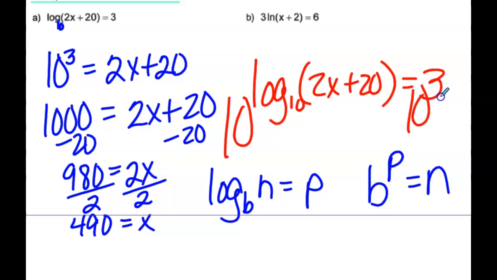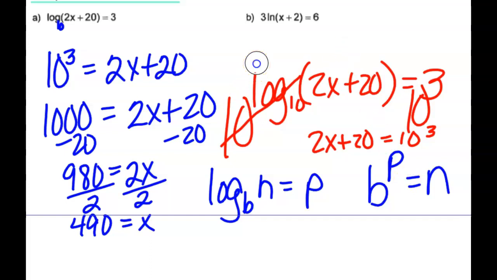Does anybody remember seeing their teacher do it that way last year? Yeah, I'm not a fan because it feels like magic. Rewriting it like this makes sense to me. But if you do that, this takes care of this, and you just end up with 2x plus 20 equals 10 to the third over here.